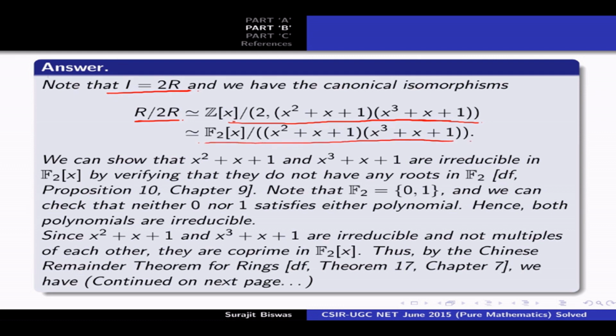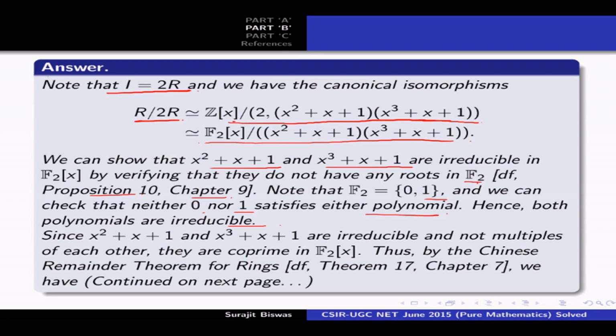Now we can show that x squared plus x plus 1 and x cubed plus x plus 1 are irreducible in F2[x] by verifying that they do not have any roots in F2. The result we are using is Proposition 10, Chapter 9 of Dummit-Foote. Note that F2 equals {0, 1}, and neither 0 nor 1 satisfies either polynomial. Hence both polynomials are irreducible.